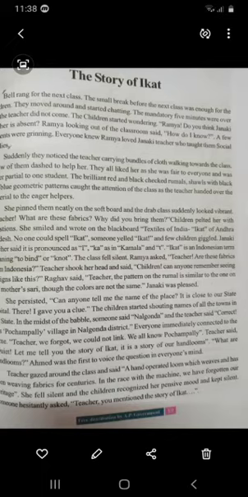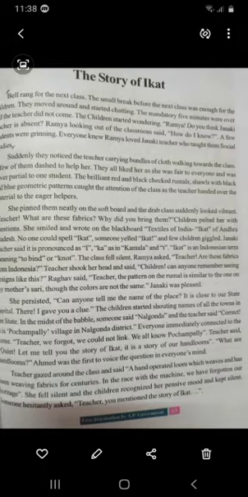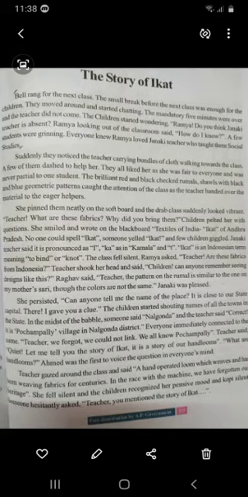In the middle of all that noise, one of them said, Nalgonda. And the teacher said, correct. So one of the boys told the answer, the material is from Nalgonda. Correct. It is Pochumpalli, a village in Nalgonda district.